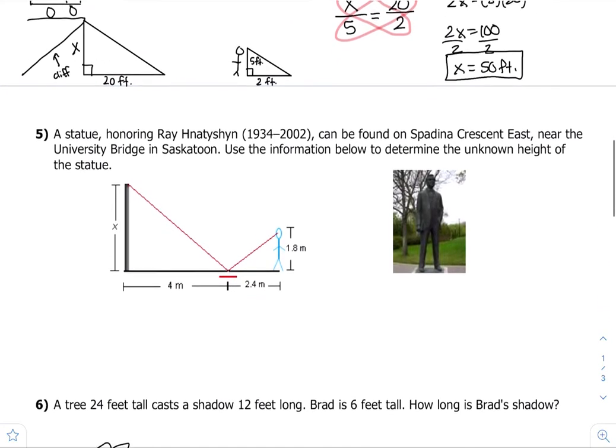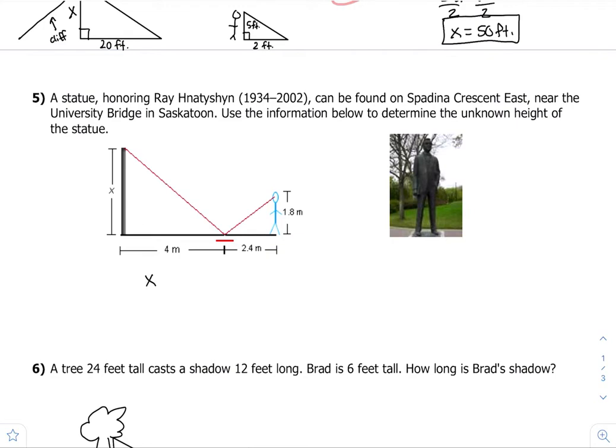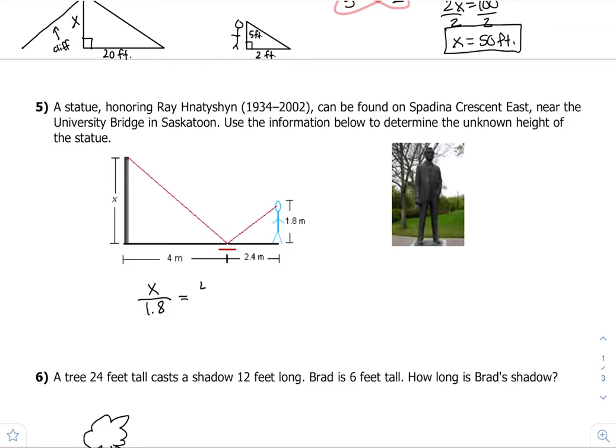Alright, 5. Luckily here, you guys, they already made the figure for you. So, we're trying to figure out the unknown height of the statue. I'm going to do the height of the statue over the height of the person, which is 1.8 meters. And then we have to use the shadow of the statue over the shadow of the person.